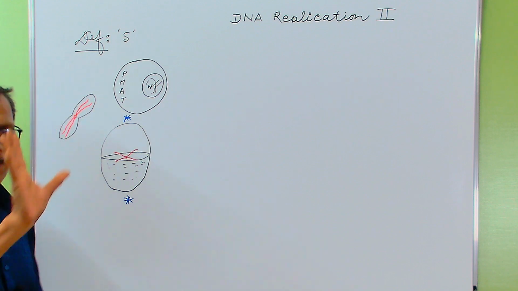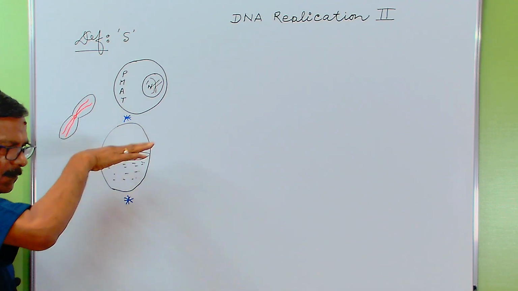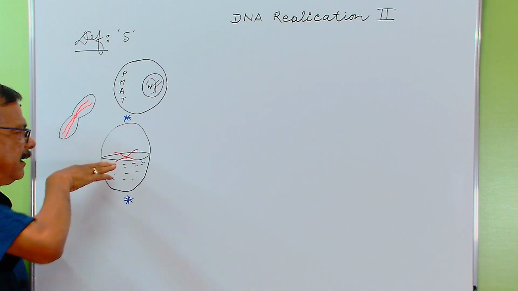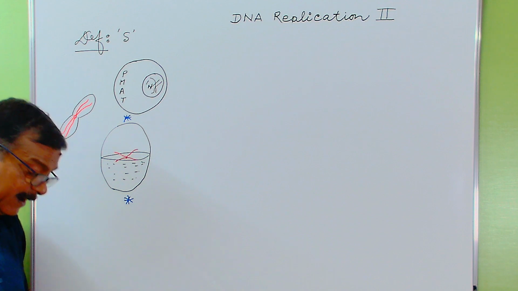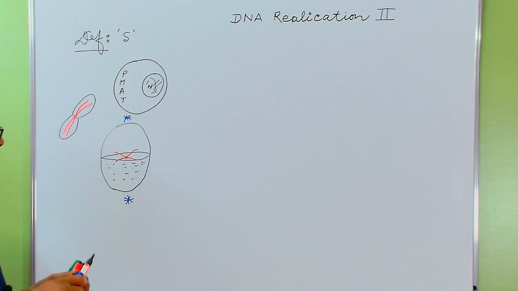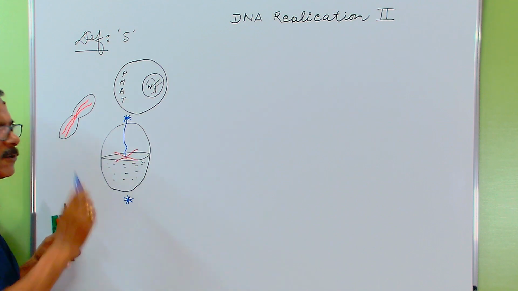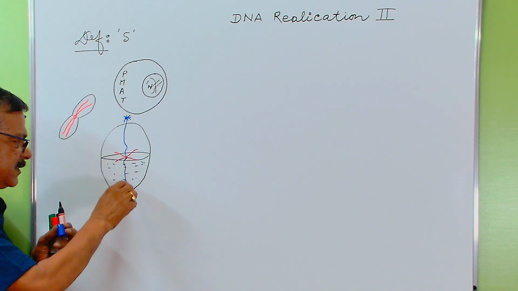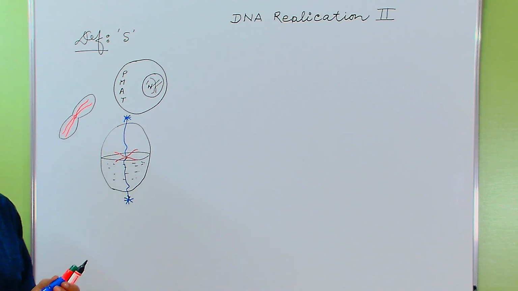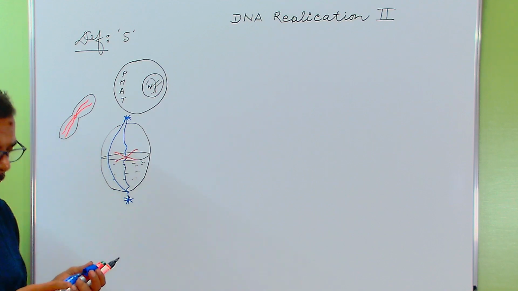In humans there are 23 pairs, that is 46 chromosomes. This fiber is known as the chromosomal fiber, and this is the continuous fiber.